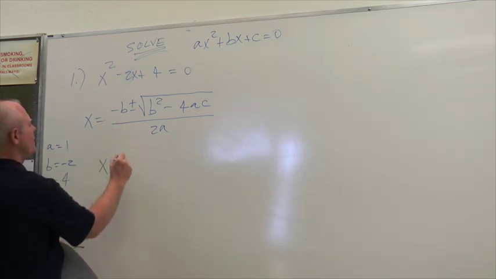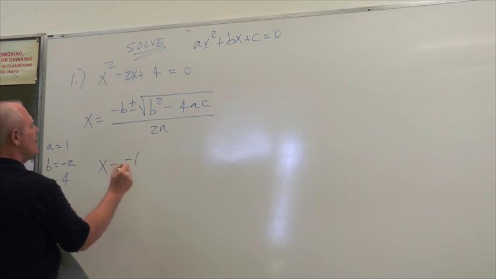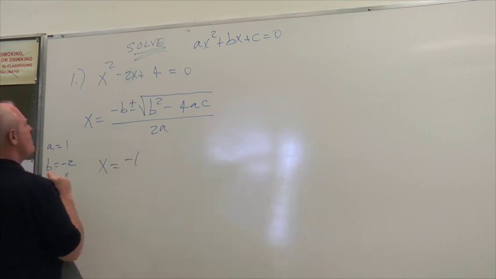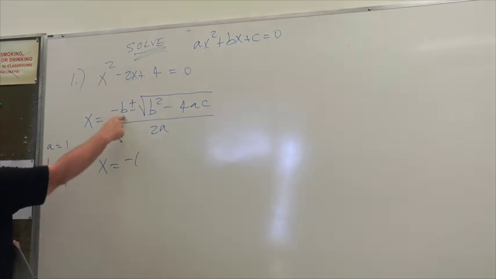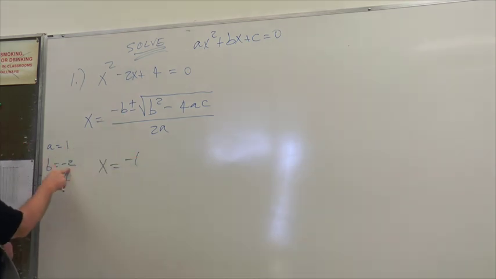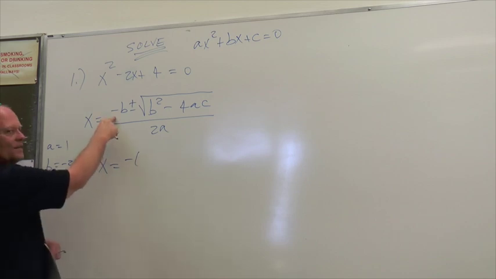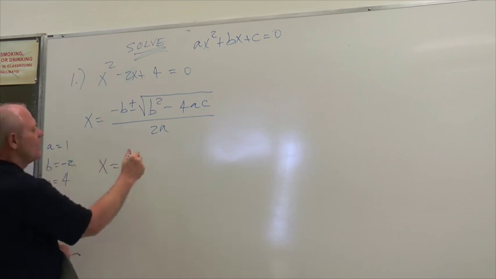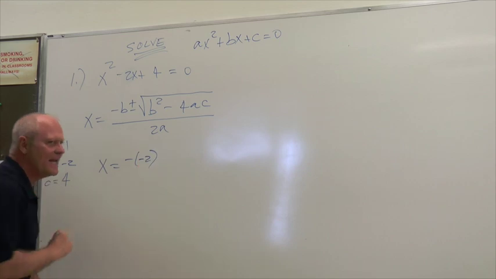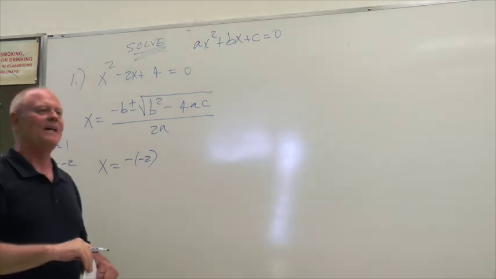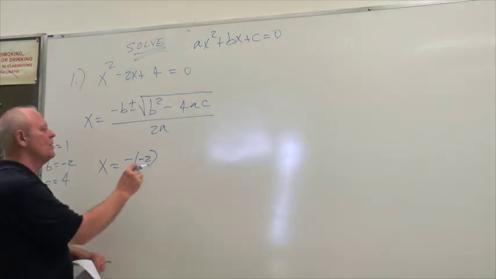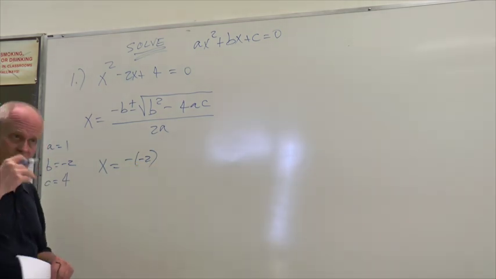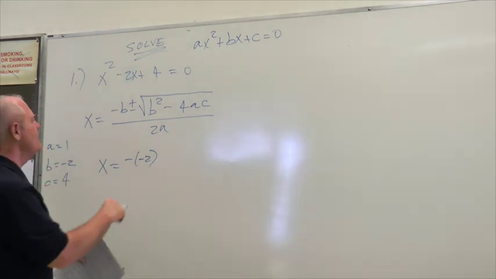Okay, so what are we plugging in here? That negative sign is part of the formula, right? So it's negative what? Negative -2. What's b? -2. That negative sign is part of the formula, so be careful and make sure you include the negative sign, because the sign goes with the coefficient.